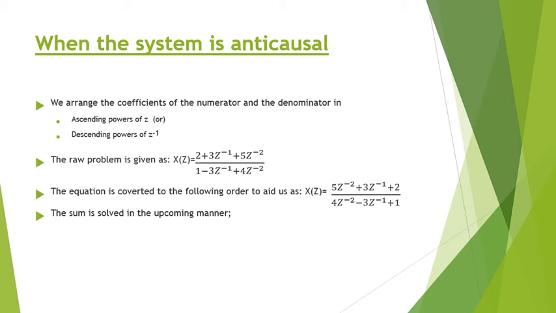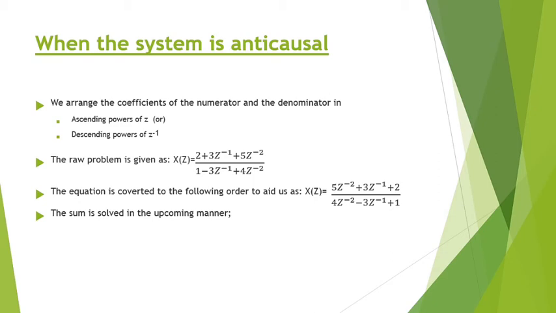Before diving into solving the sum, what is an anti-causal system? Before I explain that, I'll give you a brief about what causal and non-causal are. Causal depends on the present and past inputs, while non-causal also depends on future inputs.